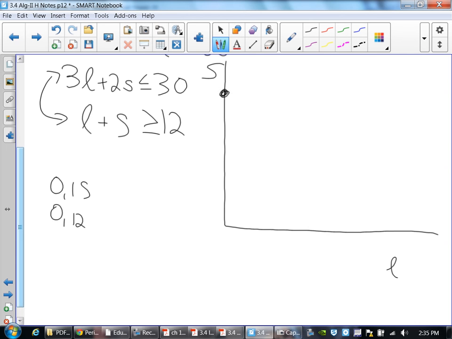Here's my 15. Here's 12. Connect. It was 0, supposed to be 10. Oh, thank you. Is 0 plus 0 smaller than 30? Yes, it is. So it's moving inwards. So I'm saying we're bringing in. The other one, intercepts 12 and 12.